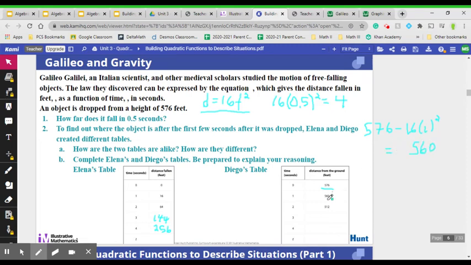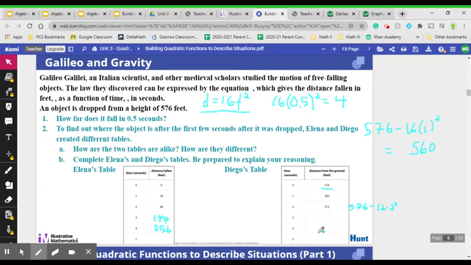And that gives us our next row, so we could do 576 minus 16 times 2 squared for this. So I'll write that down here: 576 minus 16 times 2 squared, and that equals 512.